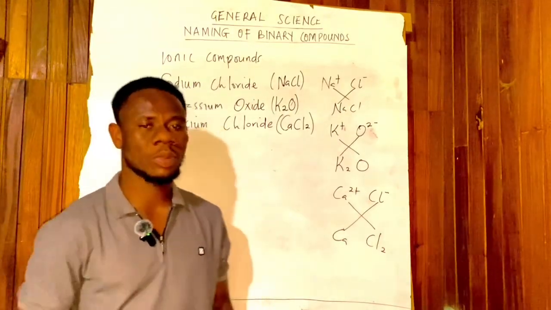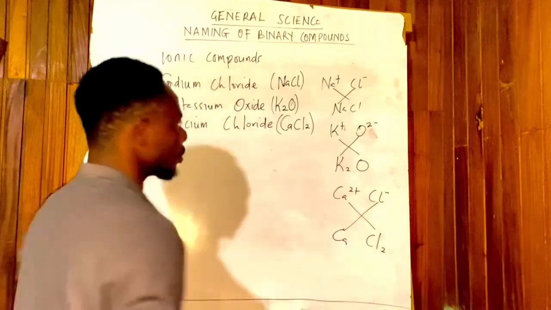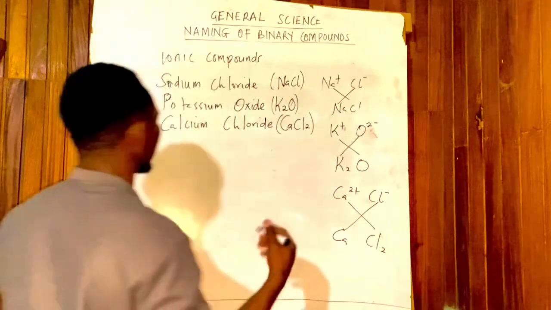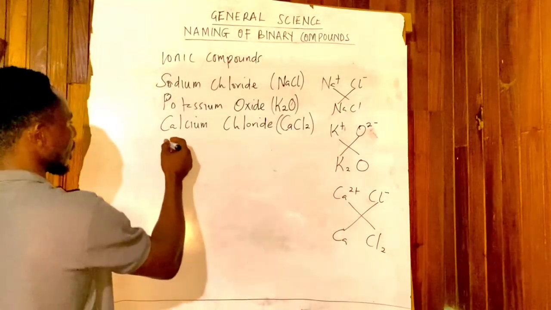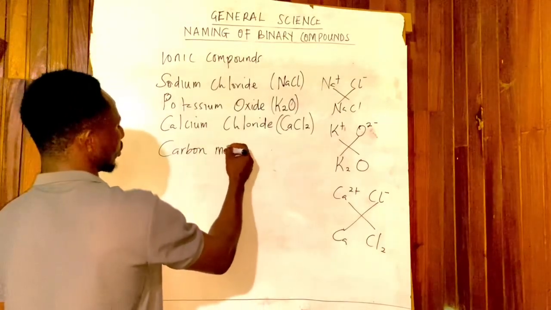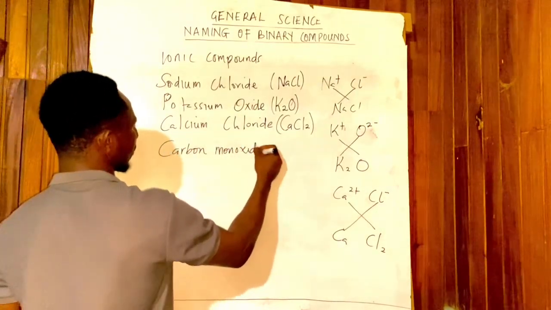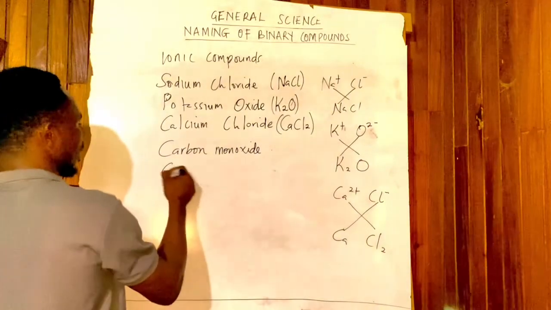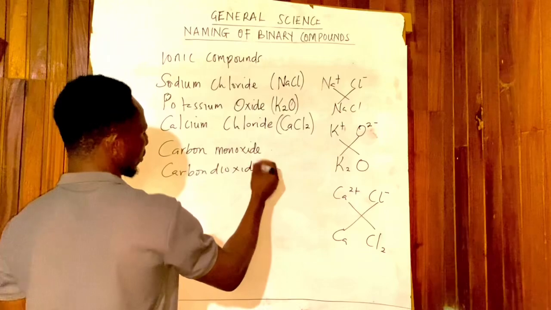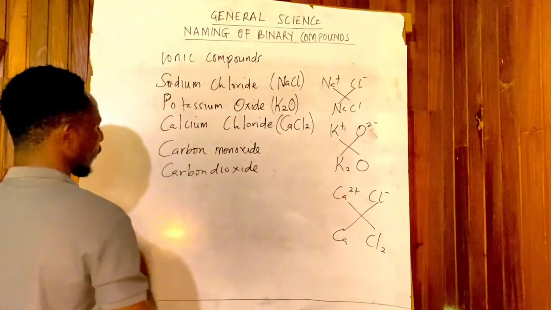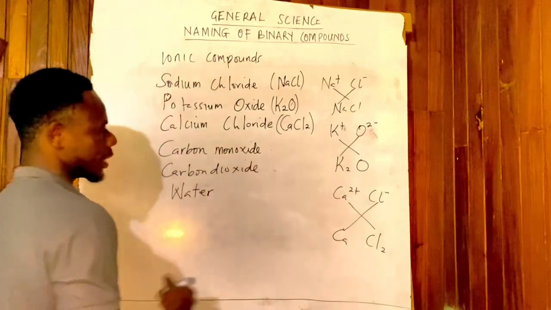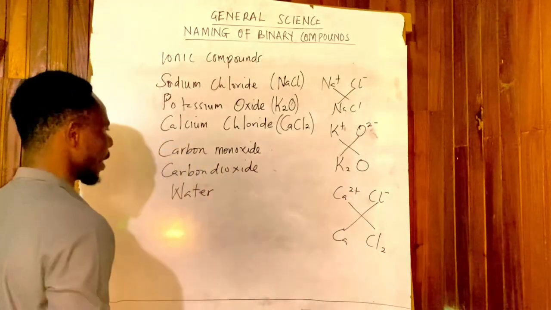Let me give you examples of covalent compounds, which consist of only non-metals. So we can talk of carbon monoxide, carbon dioxide, water, that is dihydrogen monoxide.